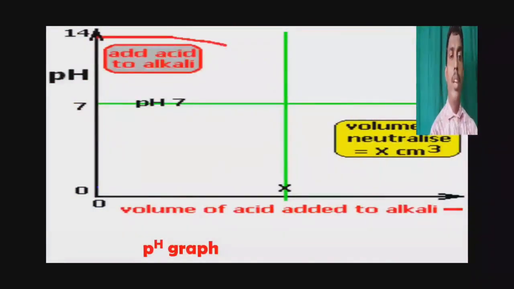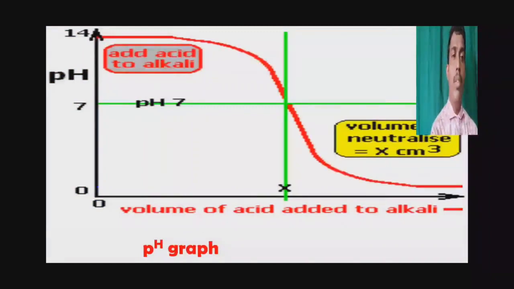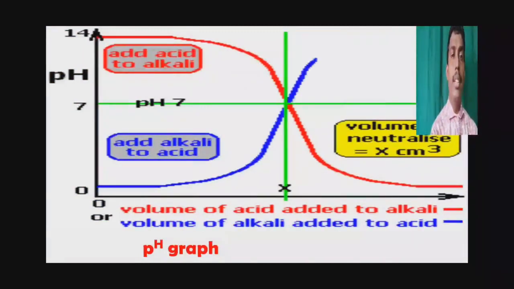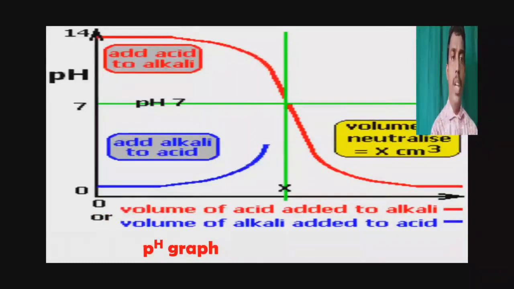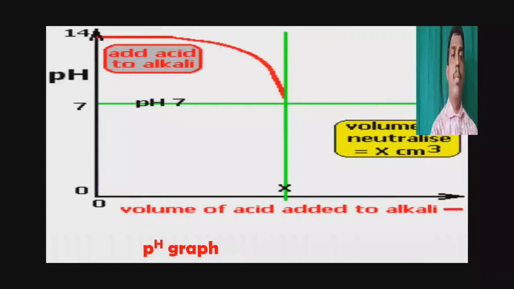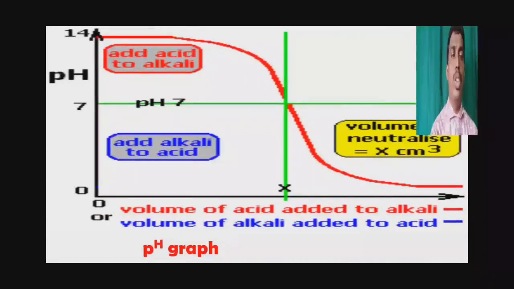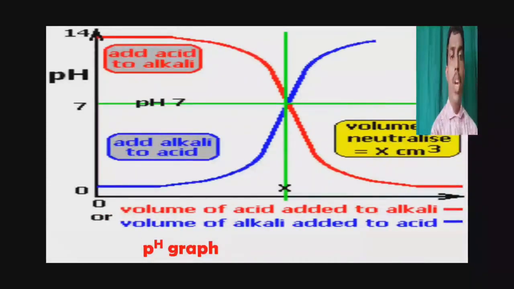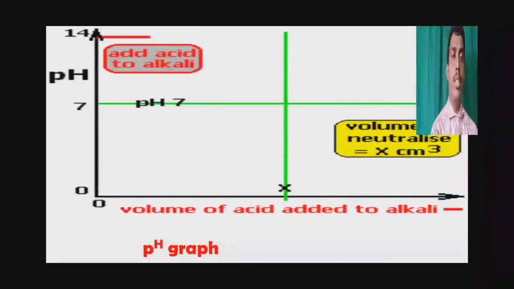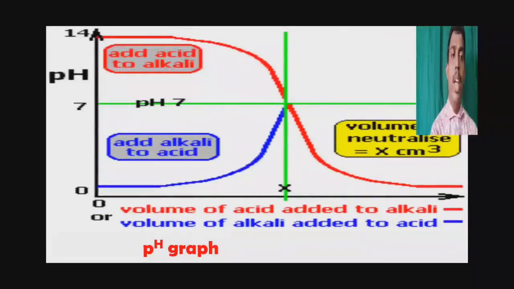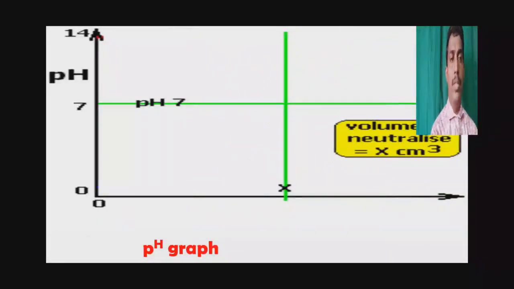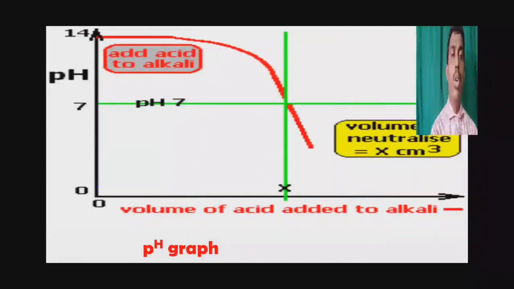Here we can see by adding acid, the pH value slowly decreases, which is shown in red color. By adding base to the acid, the pH value slowly increases, which is shown in blue color.